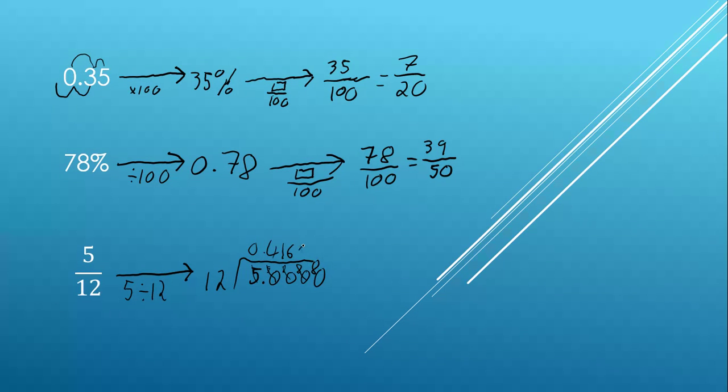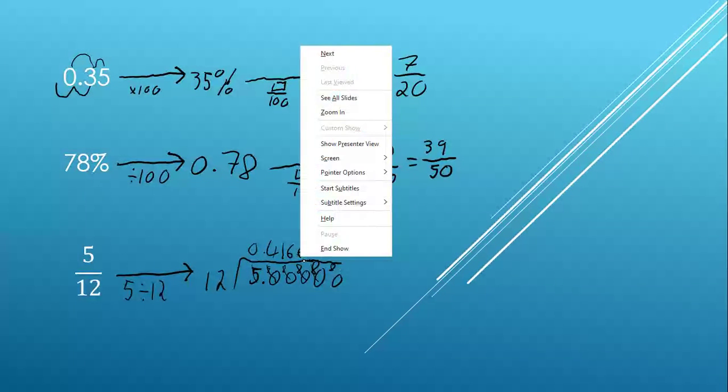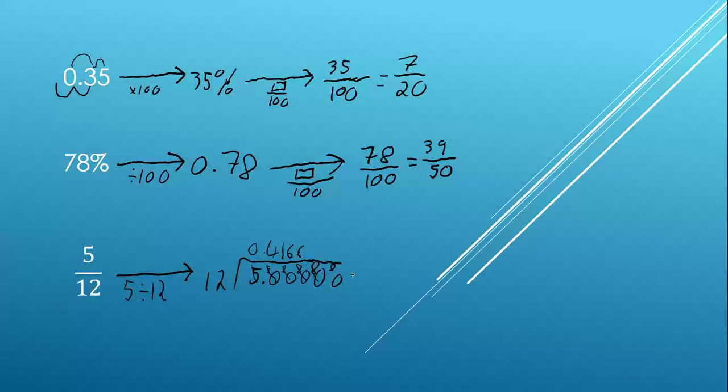Again, 80, we've got 6 with a remainder of 8. And as we can see here, it's just going to carry on. We're going to get 6s, and it's always going to result with 8 remaining. So we can rewrite this as 0.416, and because we know the 6s are recurring, we'll put a little dot there.